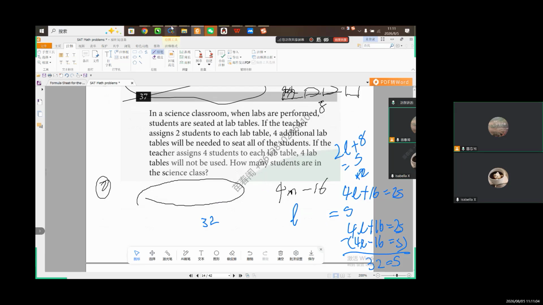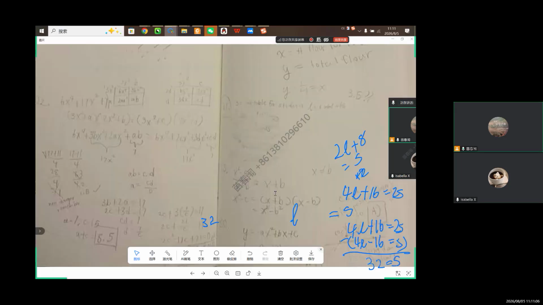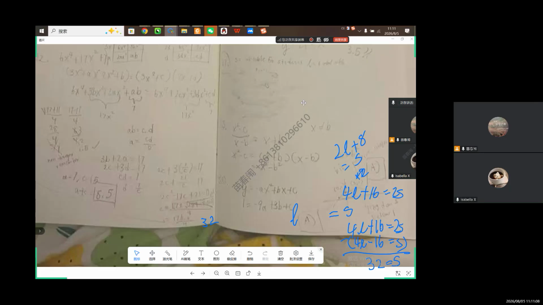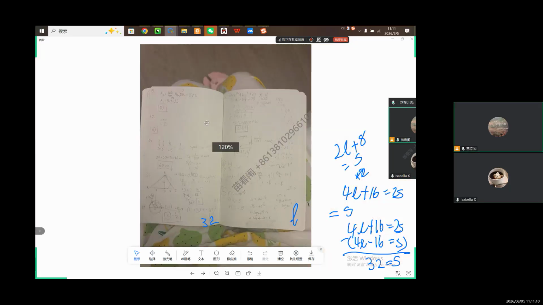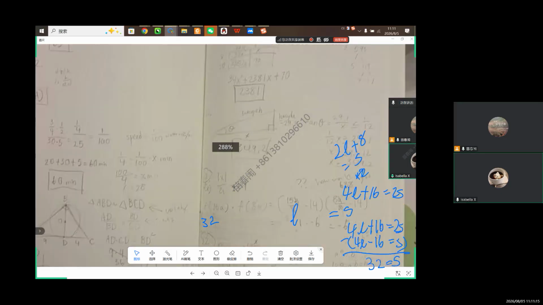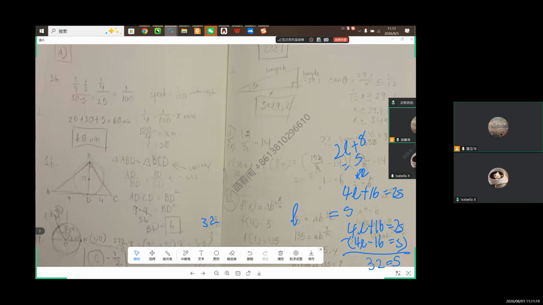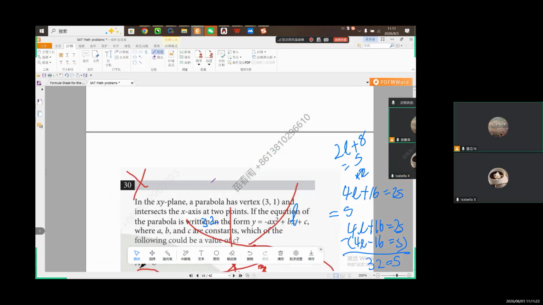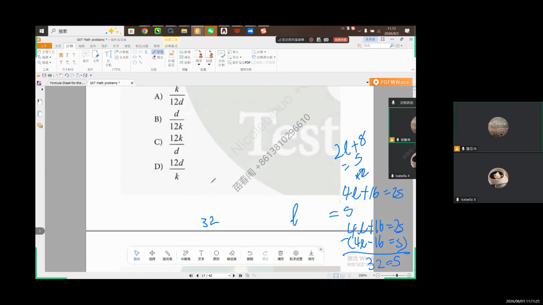So next one. Let's see, okay, here. I really didn't know, it was so blurry. So that's the x value over a.